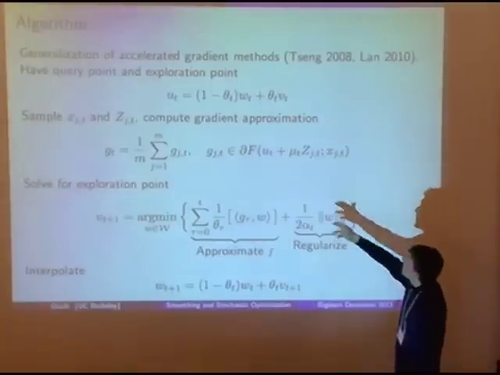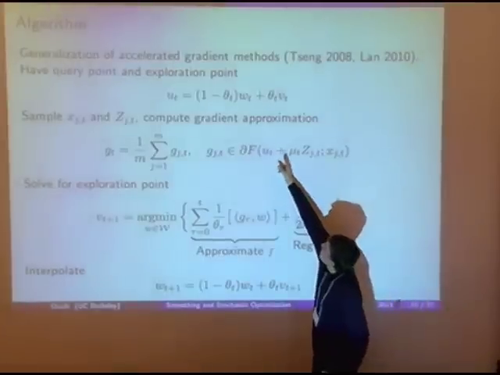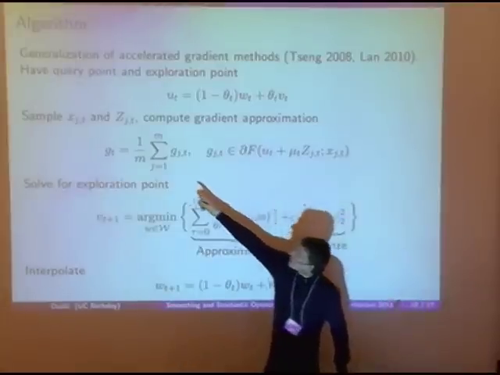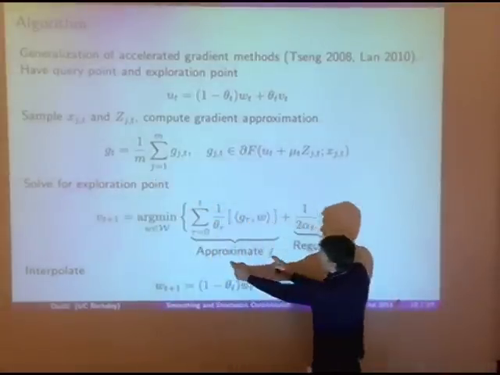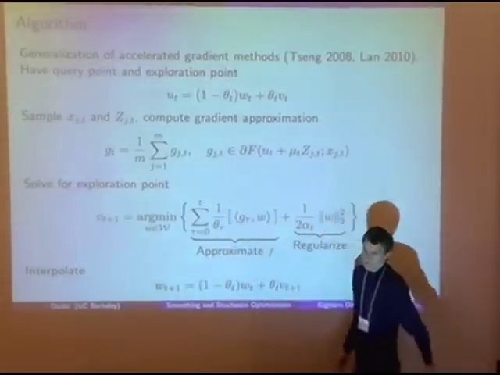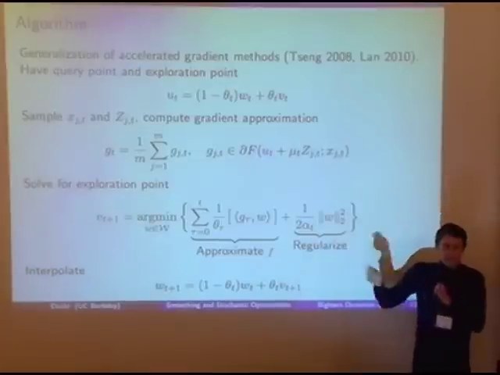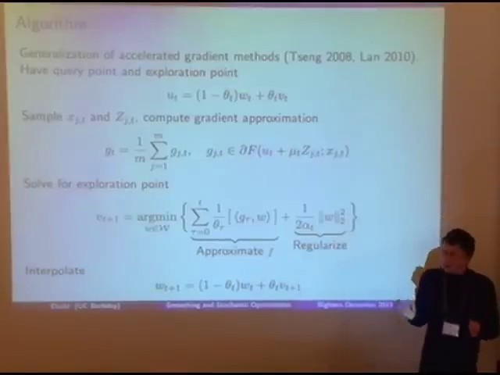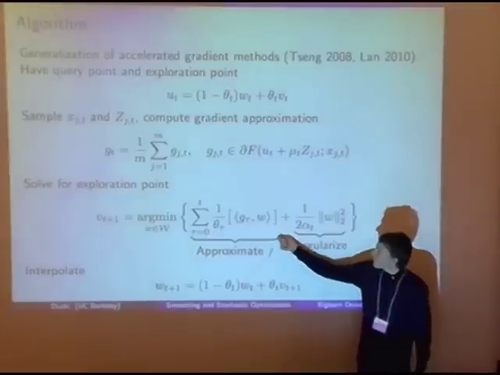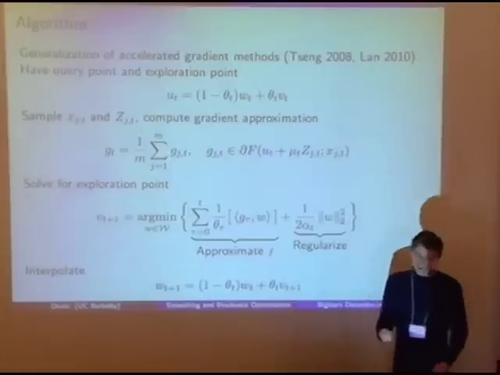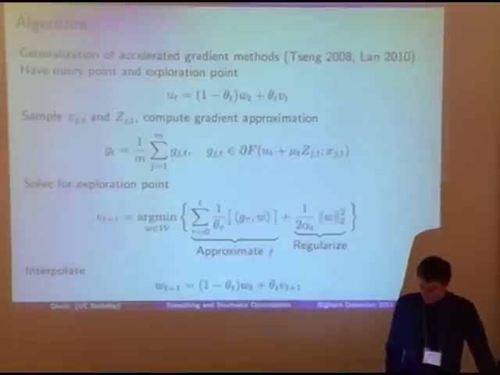We randomly perturb the point where we want the gradients. We get this average subgradient, and then we have this kind of approximation to our function. It's some sort of linear approximation, and we regularize it to make sure we don't take steps in totally awful directions. Then after we solve for this aggressive exploration point, we interpolate between it and our previous points and keep going.